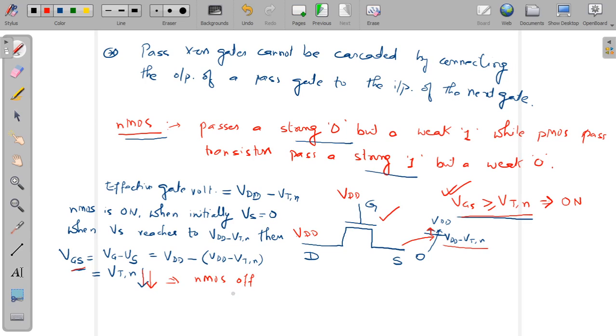So what do these two cases tell us? This and this. So this tells us that the source terminal can reach up to a maximum value of VDD minus VTN. So let me redraw this.